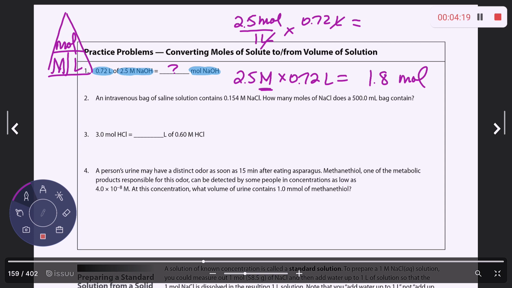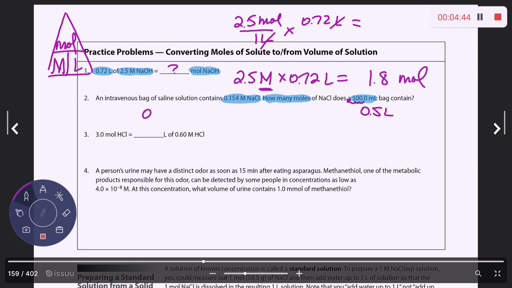Okay, for number 2, it says we've got an IV bag of saline, 0.154 molar NaCl. How many moles of NaCl does 500 milliliters contain? Do not bother showing me the one-step conversion for milliliters to liters. Move the decimal 3 places to the left. That's how you get 0.5 liters.